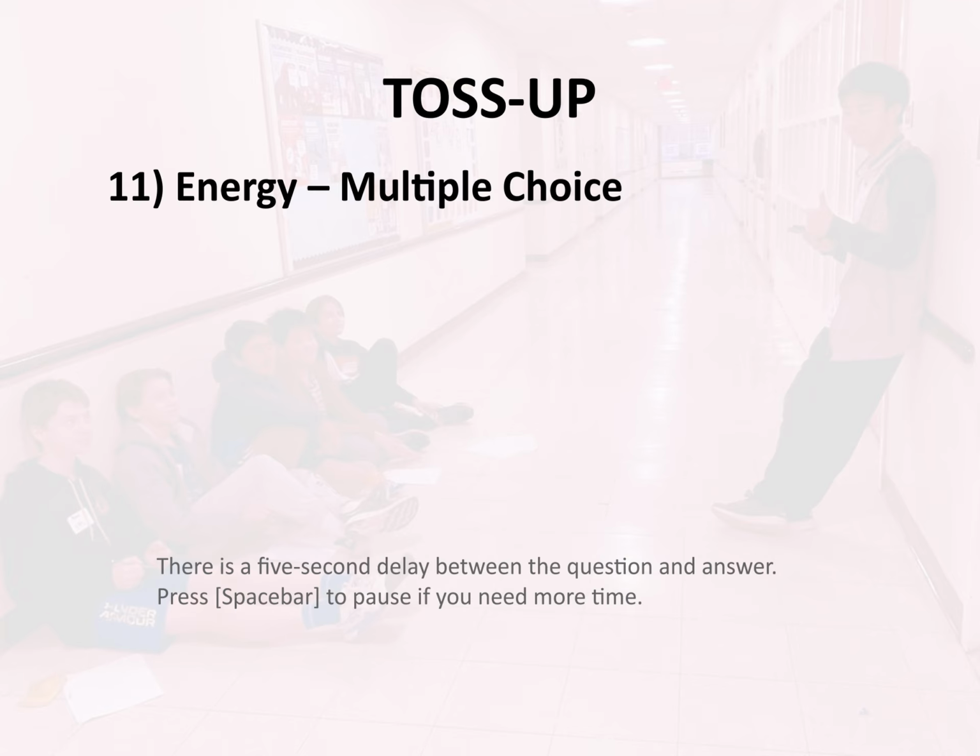Toss-up 11. Energy, multiple choice. When Oak Ridge National Lab physicists use the term doubly magic, it describes atomic nuclei that have greater stability than their neighbors due to having shells that are fully occupied by both protons and neutrons. What nuclear property is maximized to create this effect? W. Neutron degeneracy pressure.